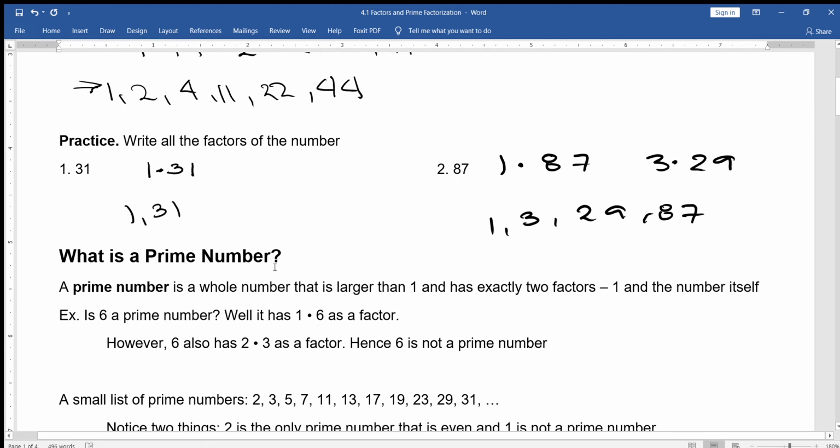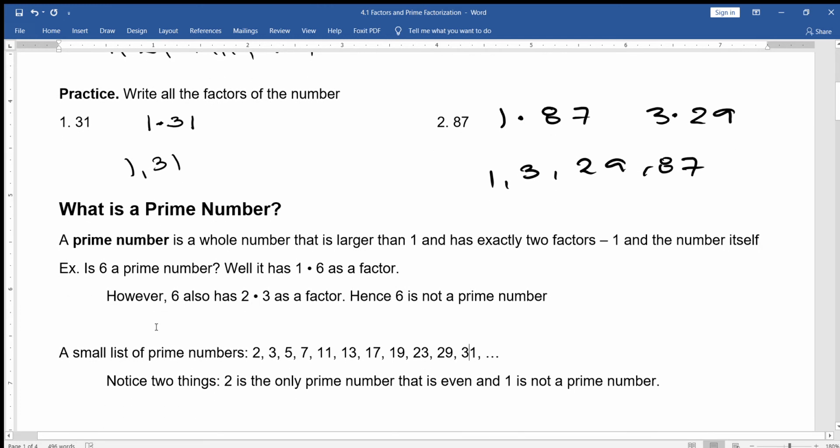Examples of prime numbers are 2, 3, 5, 7, 11, 13, 17, 19, 23, 29, 31, and so forth.